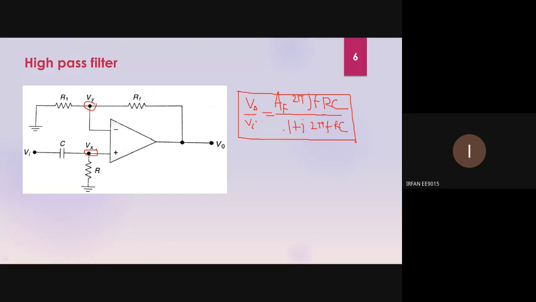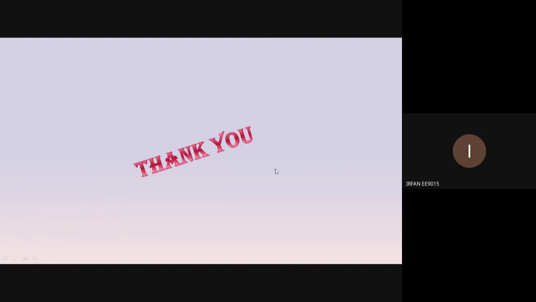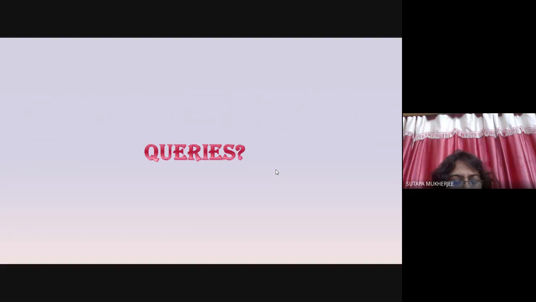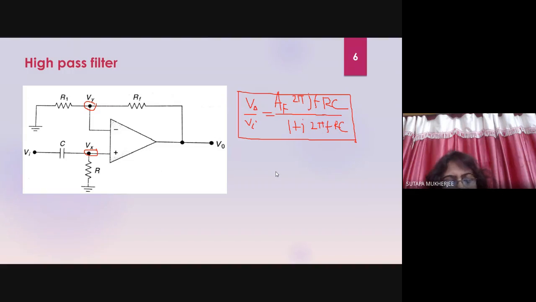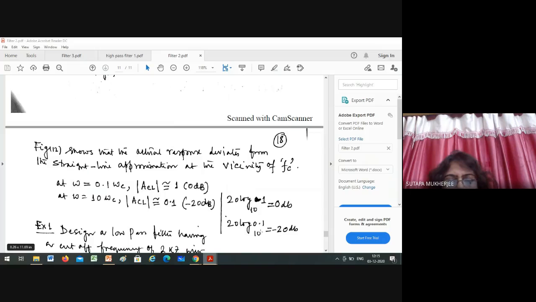V0 by Vi is equal to what? 2 pi F J by 1 plus J by F. কিচ্ছু হয়নি। তার মানে basically you are doing nothing. You have to do it, na?